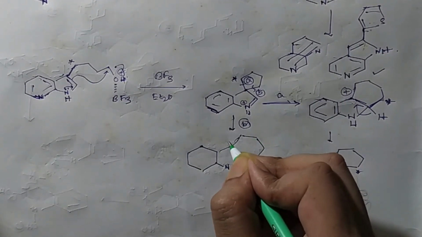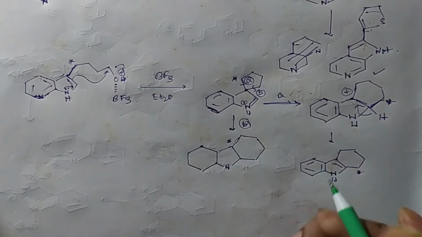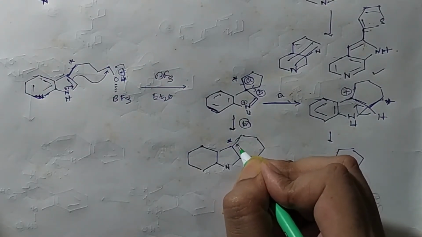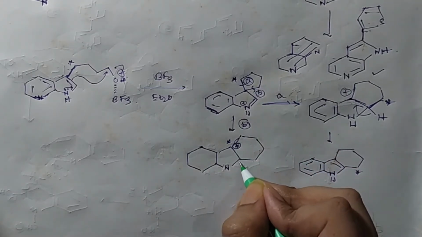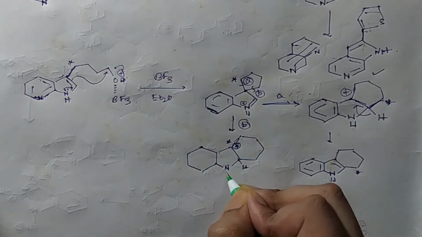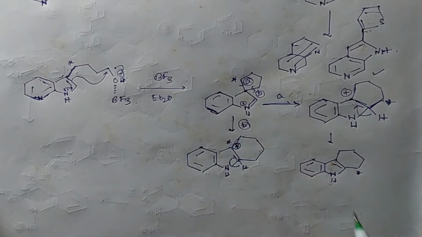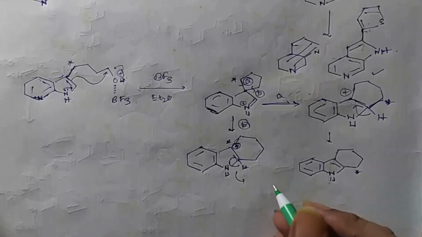From pathway B, the marked proton will be at this position, and there will be a positive charge, and here is a proton that easily eliminates, so you get this product.